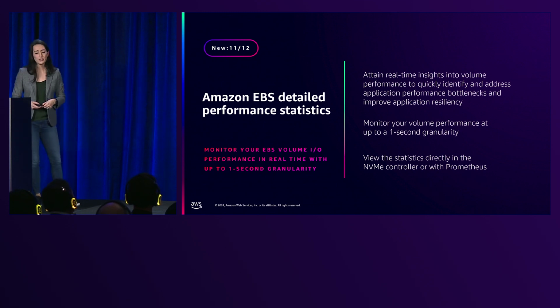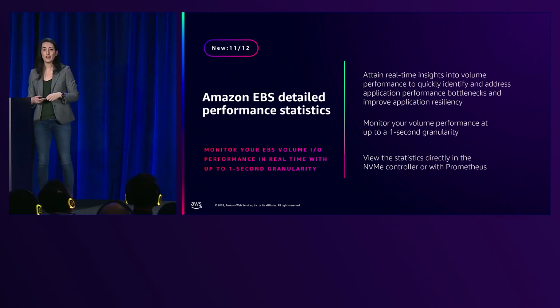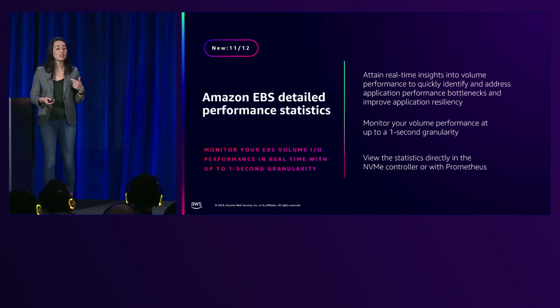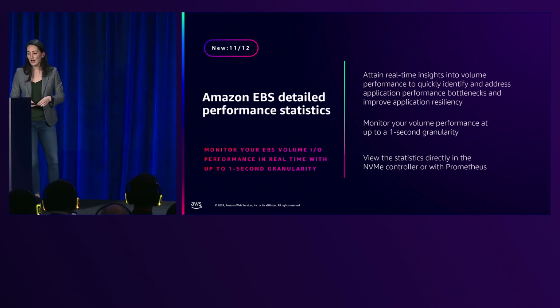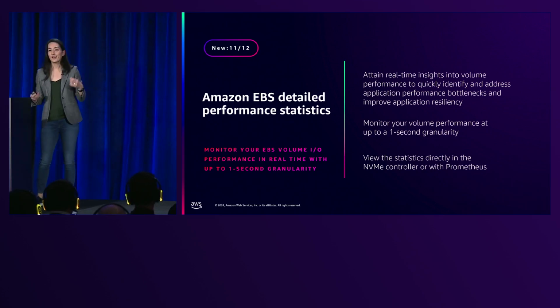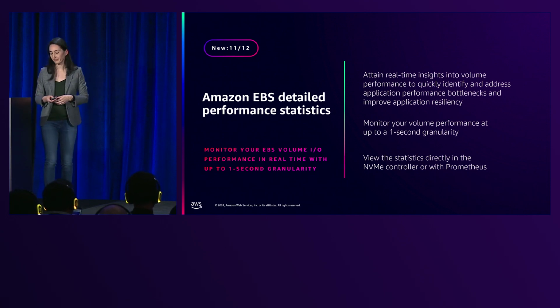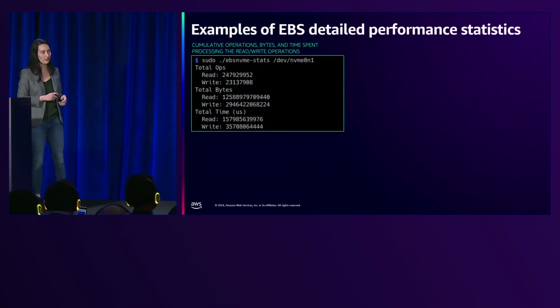So these are going to be directly available in the NVMe controller of your instance and give you real-time statistics into what's happening on your volume. And so these are going to let you root cause quickly if your application performance bottlenecks are at your volume level. So what does it look like?